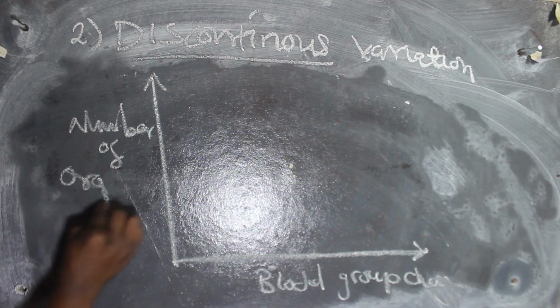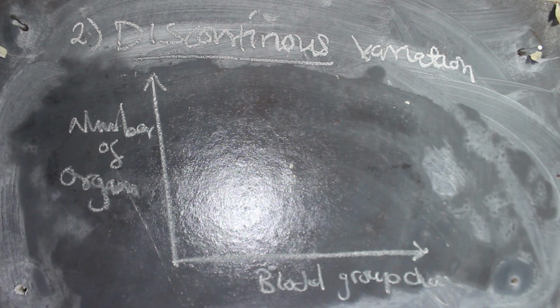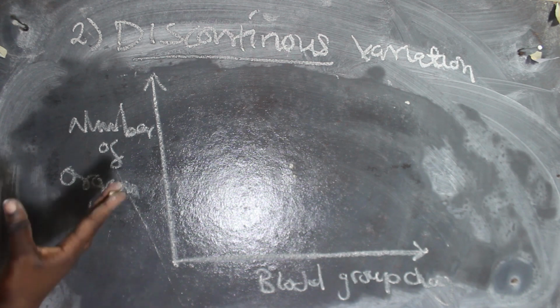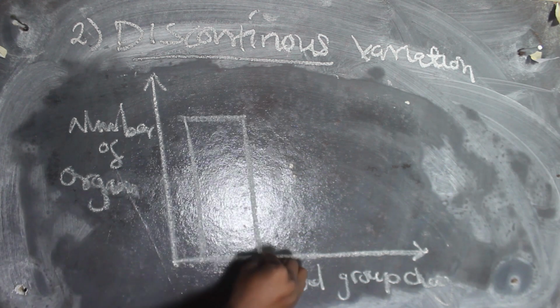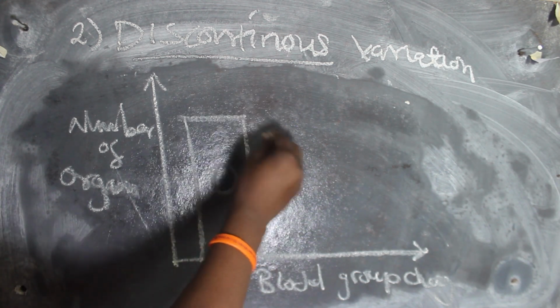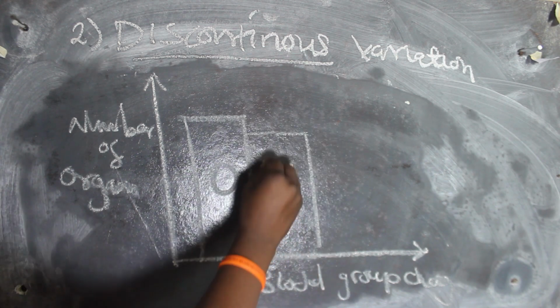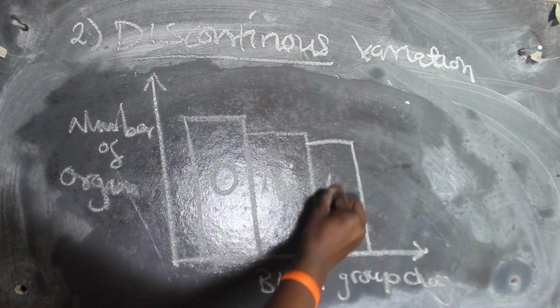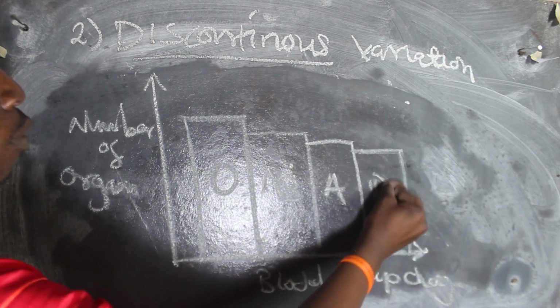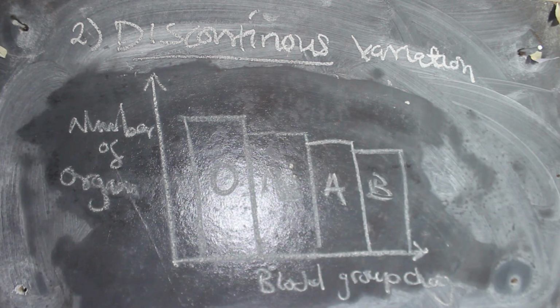As the population grows, we have different blood groups. So if this is O, then AB, then A, then we can have B there. If you look at that, it is illustrating the discontinuous variation occurring in that particular population.